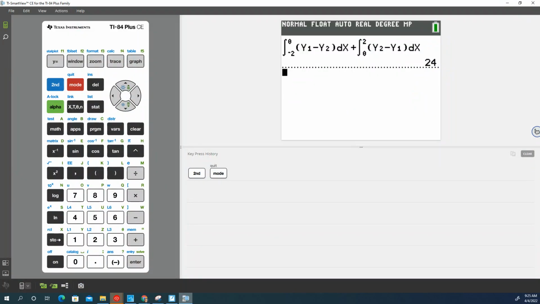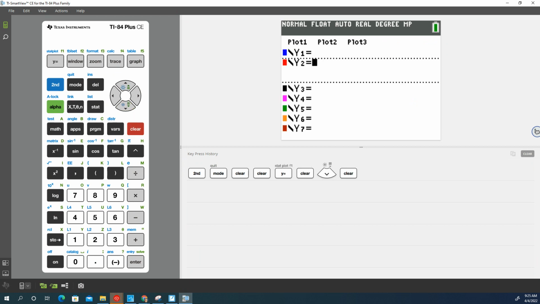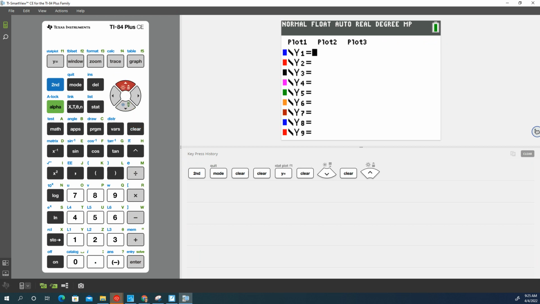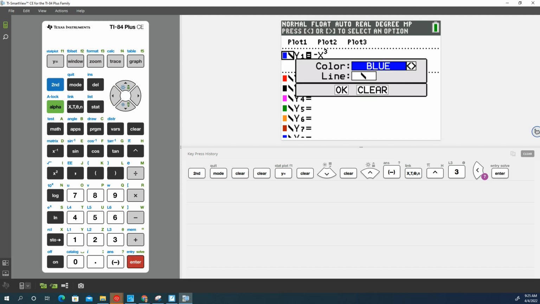So let's go to our y1 and y2. Clear out whatever you got in there. Okay, so y1, I'm going to do my cubic. I'm going to see if I can change my color because I want this one to be red.